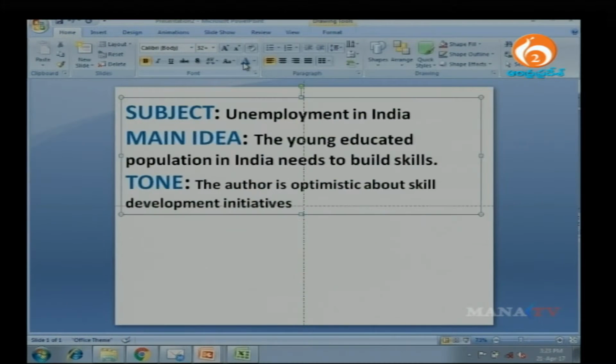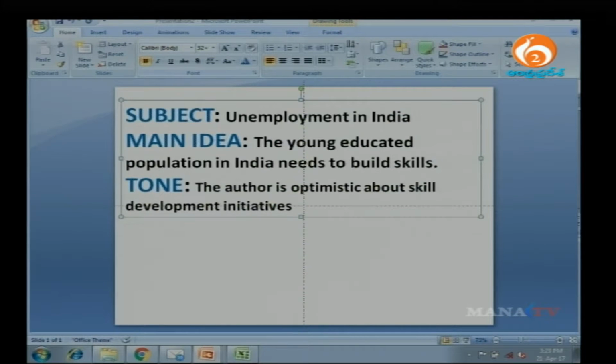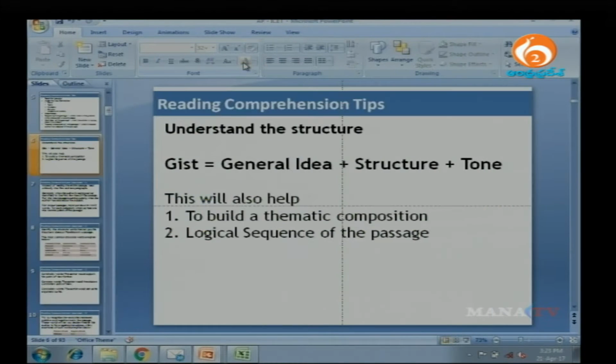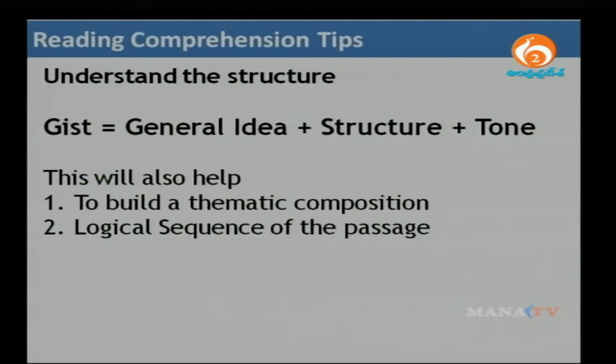So the subject plus main idea plus tone is nothing but the gist or the summary of the passage. When you understand the summary or gist, this will help you build a thematic composition and the logical sequence of the passage. You will know what has happened first, what has happened later.